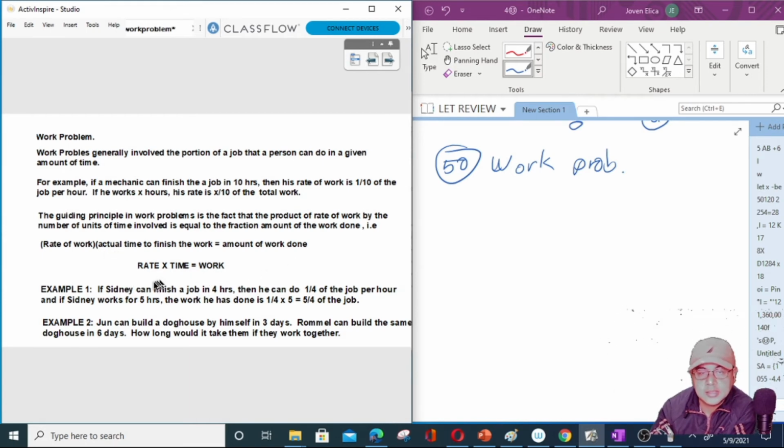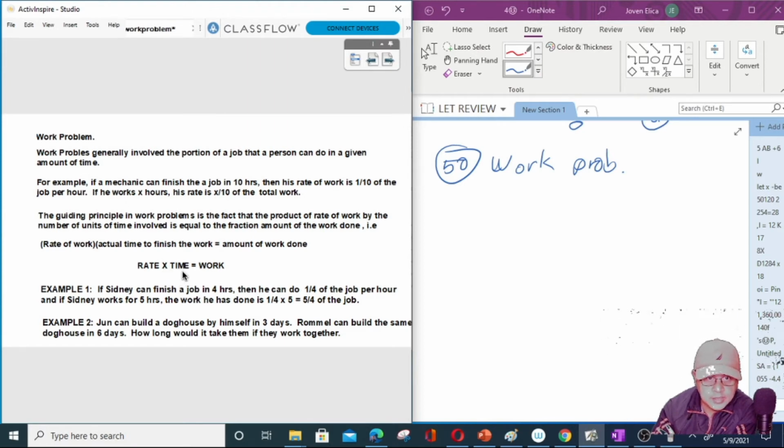So this is the general formula. Work is equal to rate, which is always given as the reciprocal of the time that a certain person can finish the job. In this case, 10 hours, so what is his rate? 1/10, multiplied by the time.